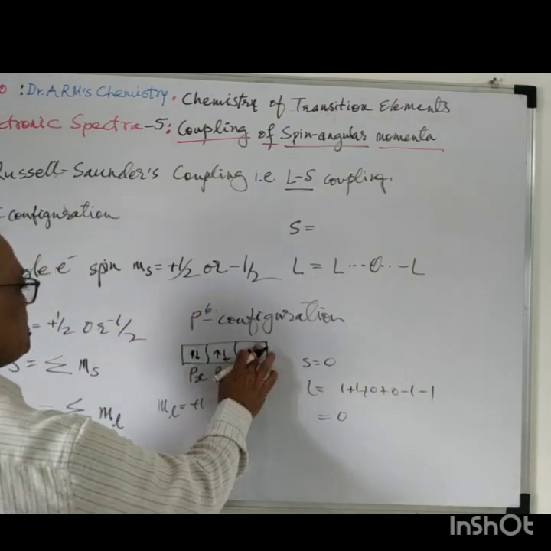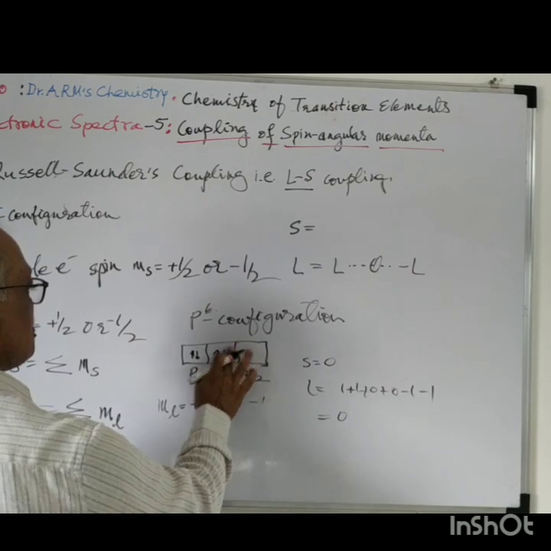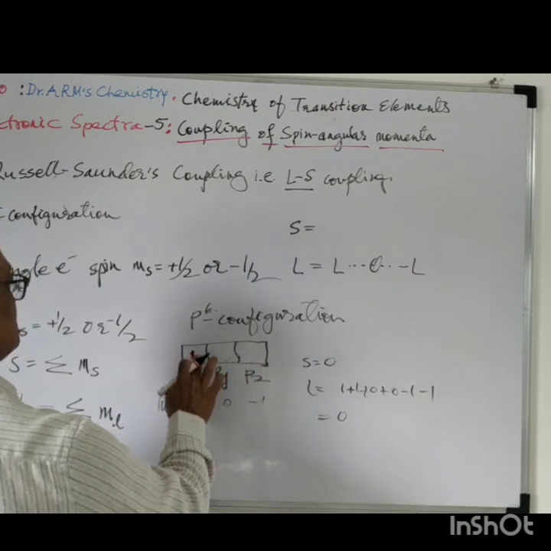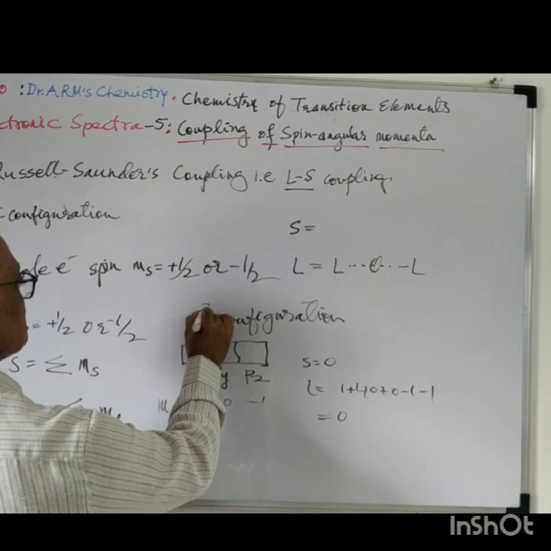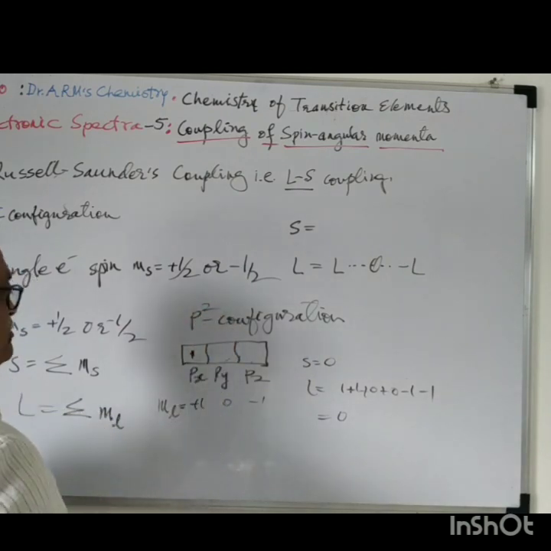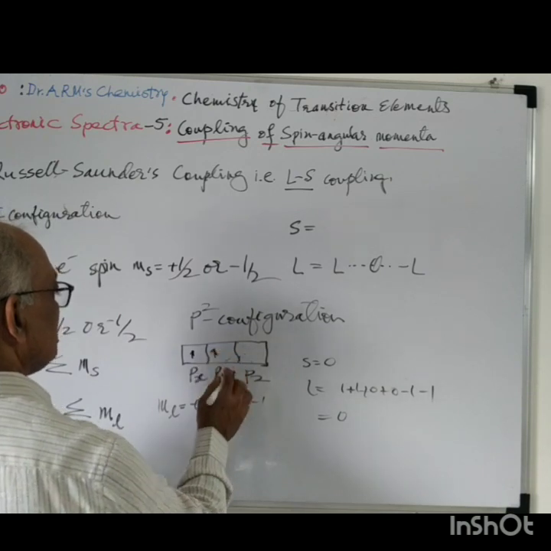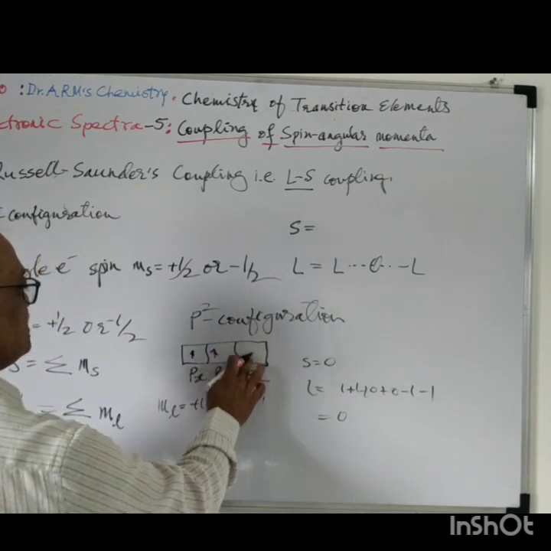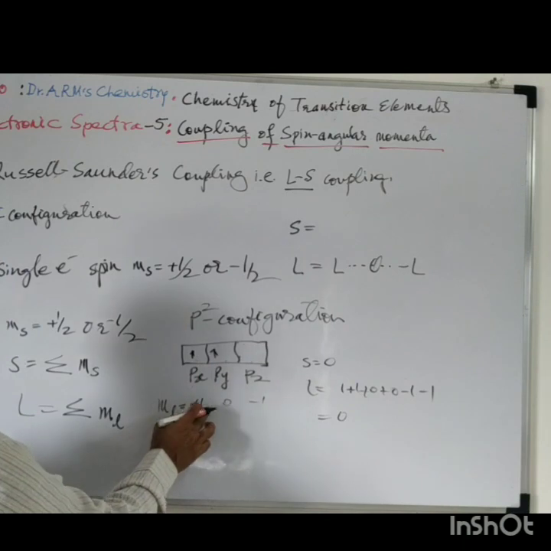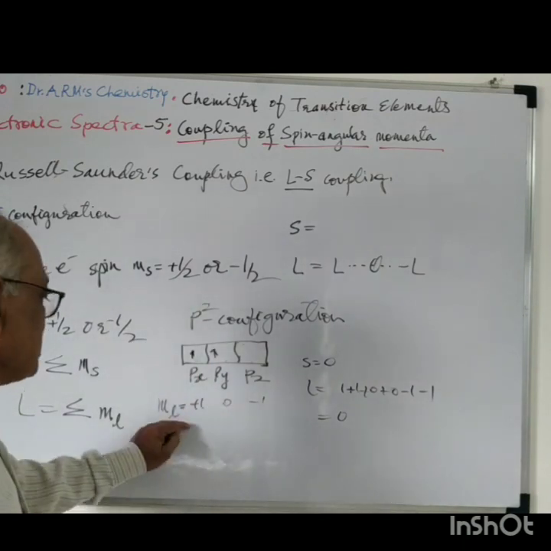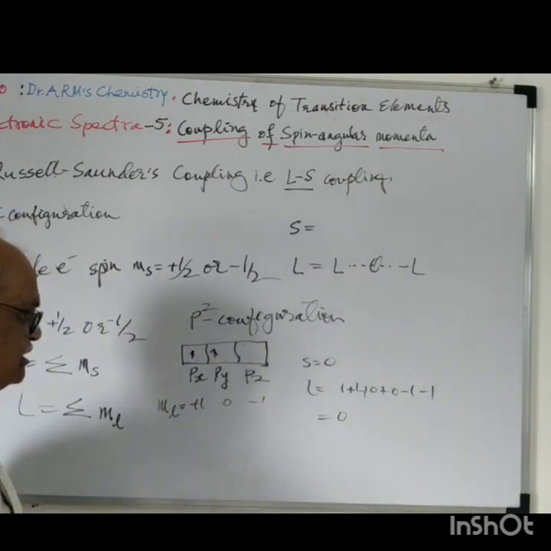But when we want to put, say, 2 electrons, so for the p2 configuration, we can have 2 electrons in this way with the same spin but in different orbitals, choosing the maximum ML value.